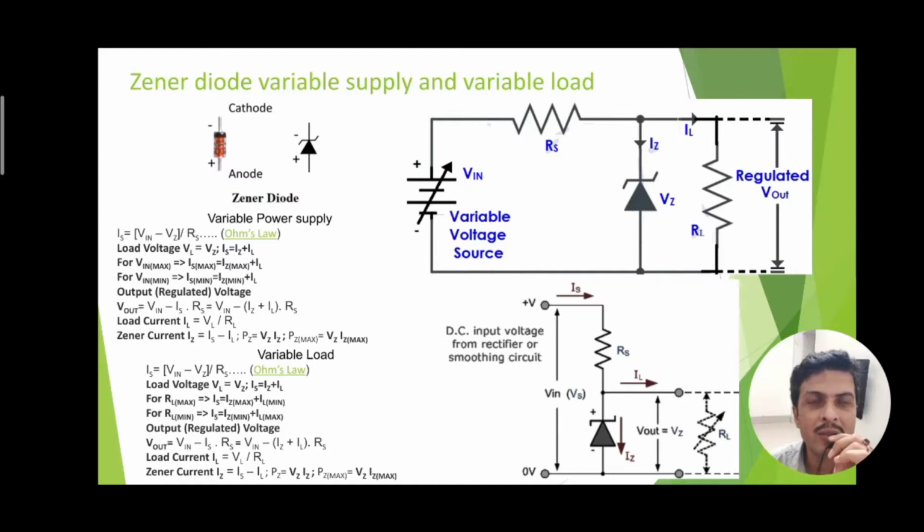For the Zener diode, there are two cases that should be studied. One is the variable supply, that means the voltage supply may be varied. Another is where the load resistance may be varied.